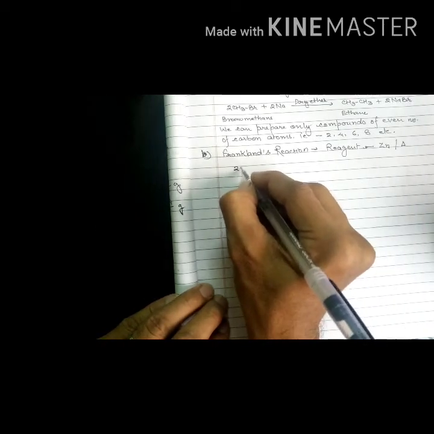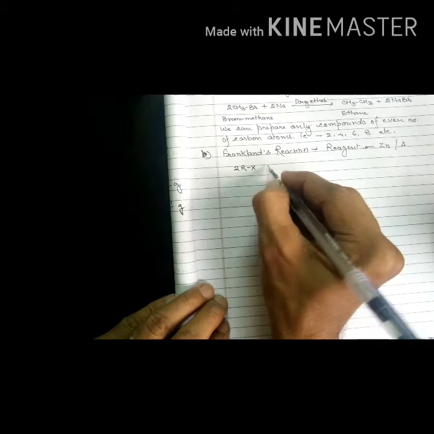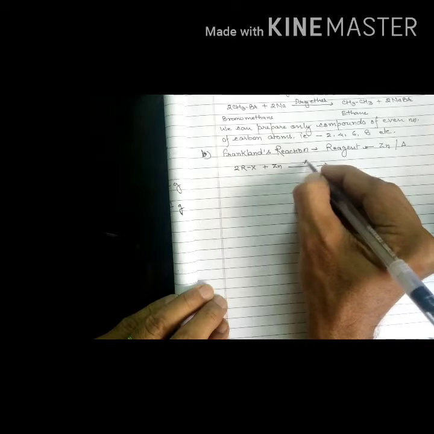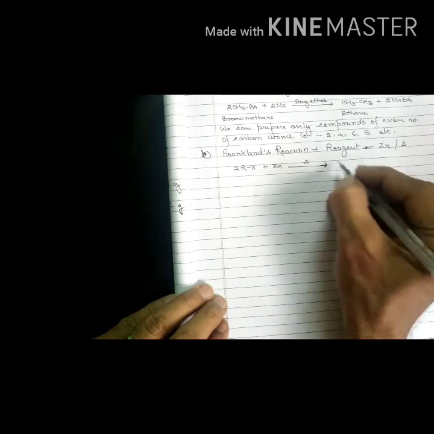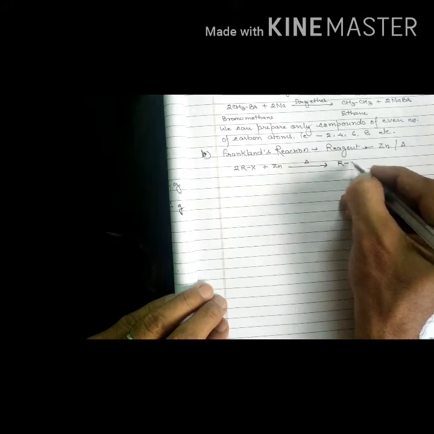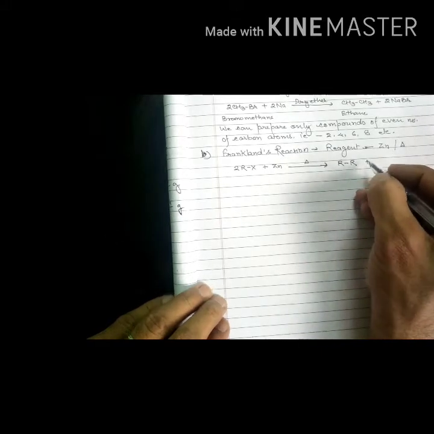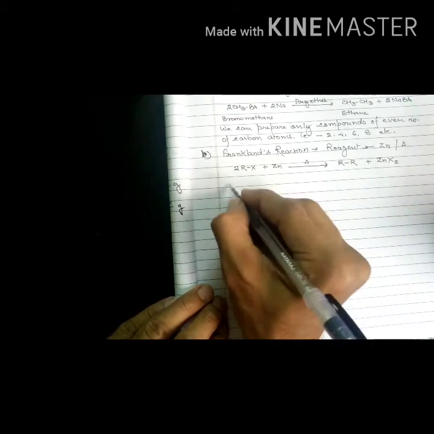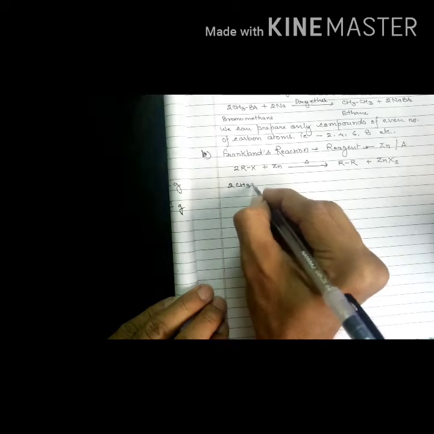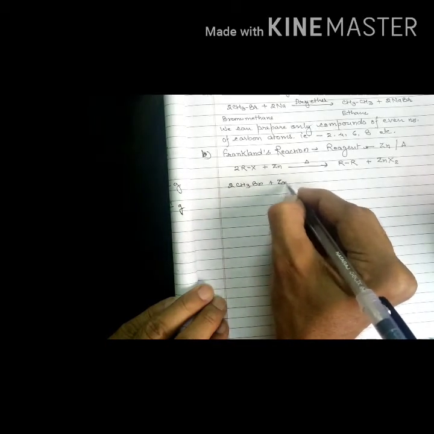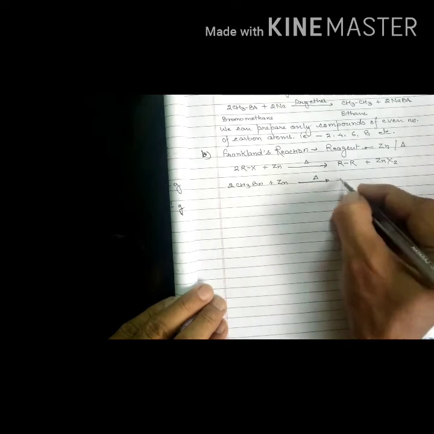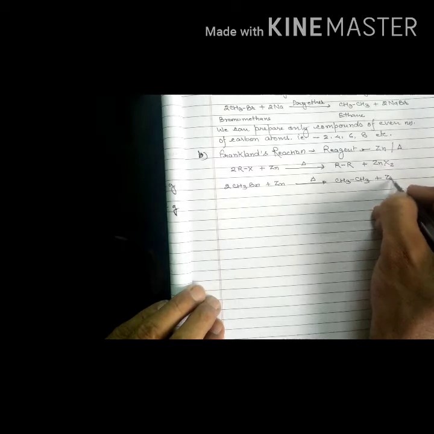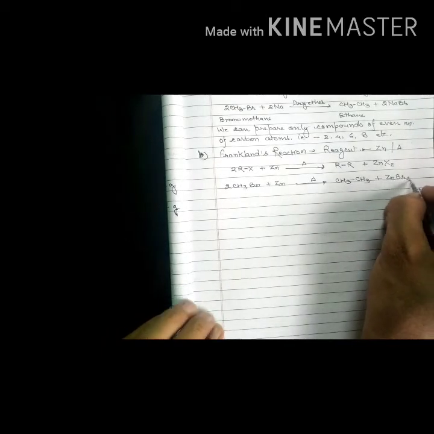In general, 2RX, an alkyl halide, reacts with zinc on heating. This gives an alkane and zinc halide. 2CH3Br plus Zn gives CH3-CH3, that is ethane, plus ZnBr2.